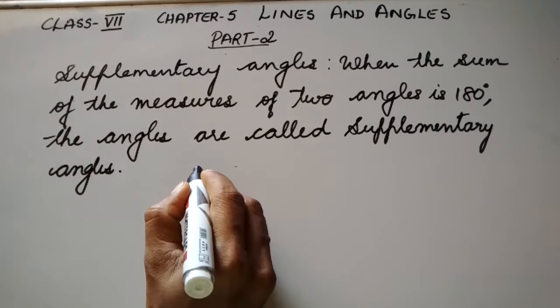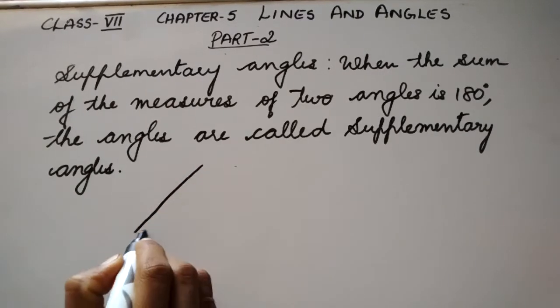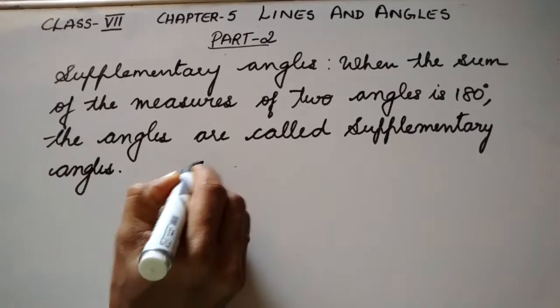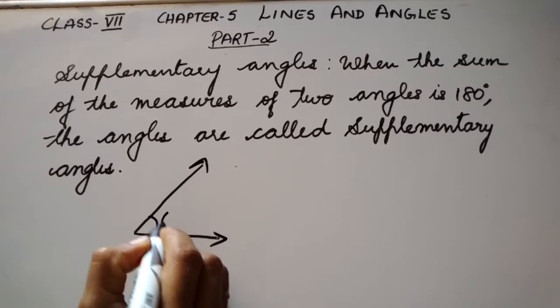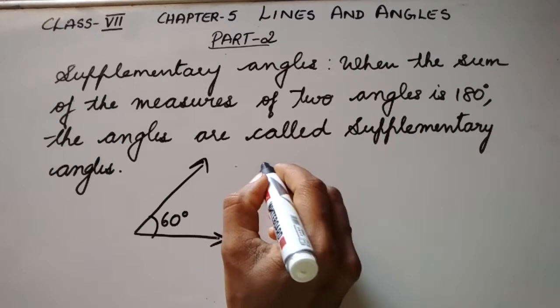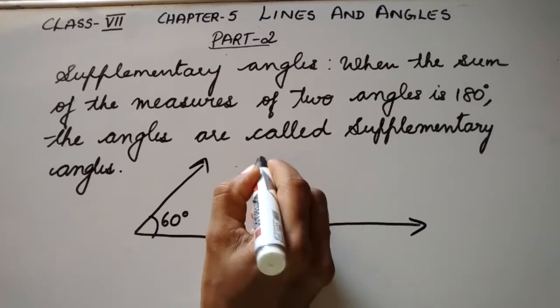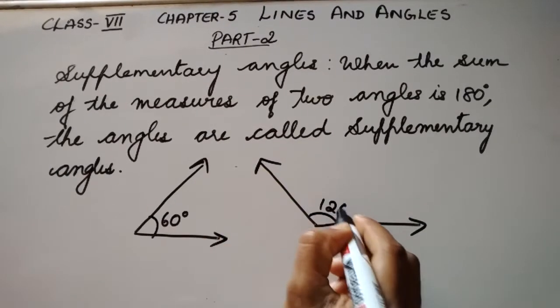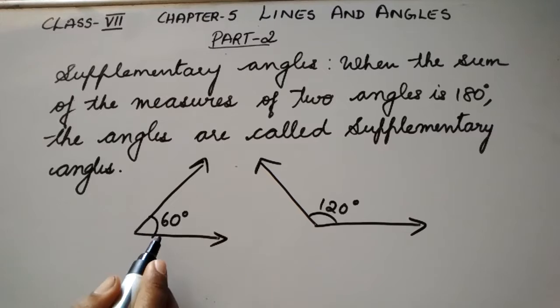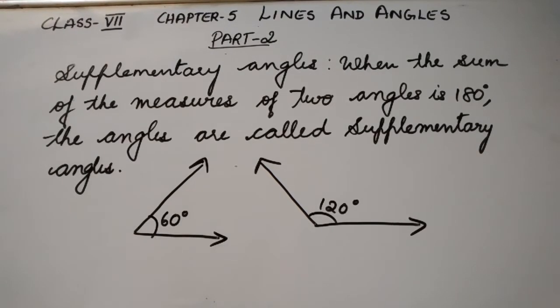So I can give example as this as a 60 degree angle. One more I can give as 120 degree angle. So 120 plus 60, you get 180.